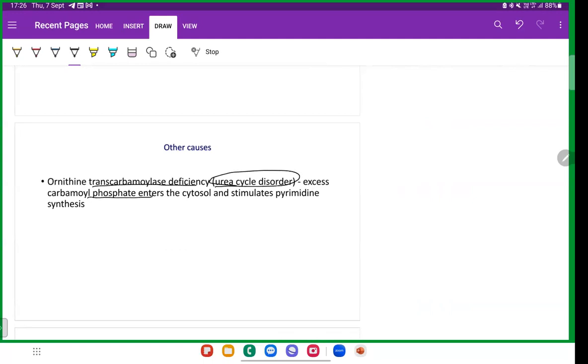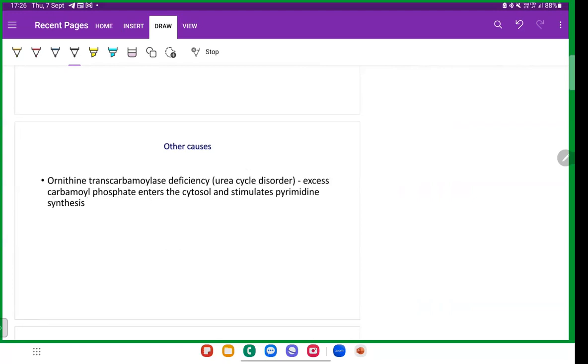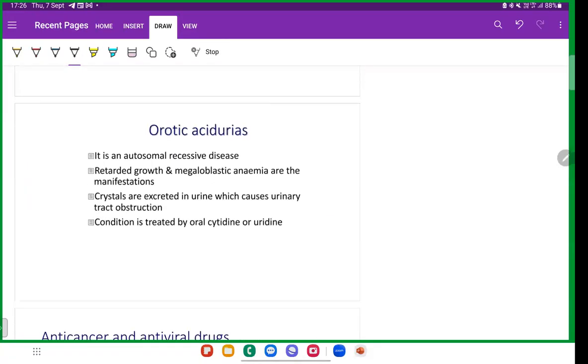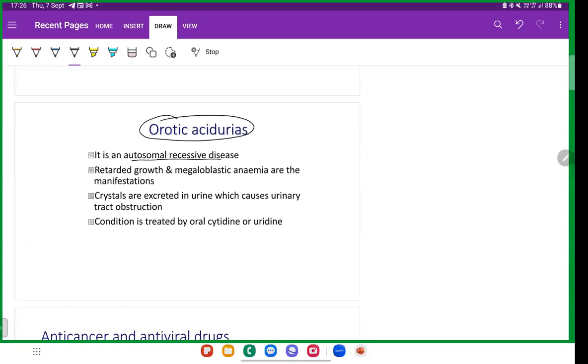Excess carbamoyl phosphate enters the cytosol and stimulates pyrimidine synthesis. So when there is ornithine transcarbamylase deficiency, more carbamoyl phosphate enters your cytoplasm and goes into pyrimidine synthesis.